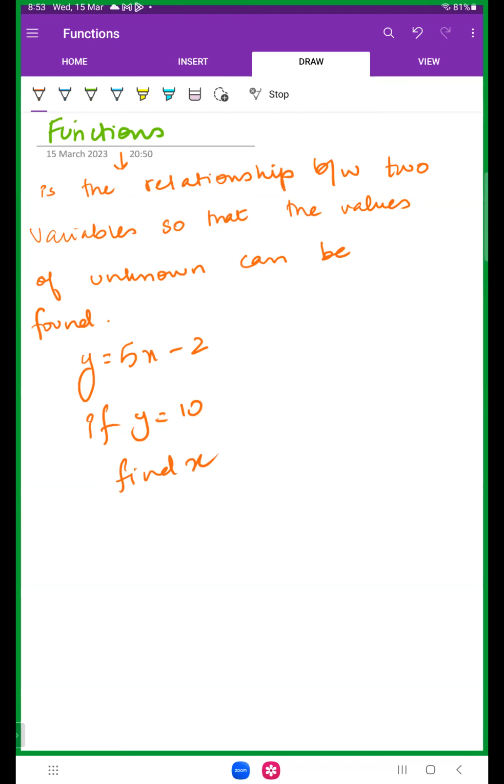And do you, by any chance, know the three types of functions? Have you heard of these terms? One-to-one, many-to-one? No. Maybe it is there in your book with some other name, but let's see.